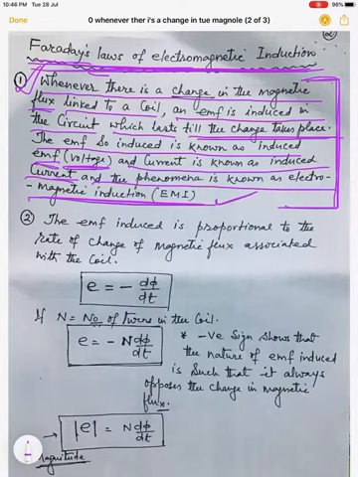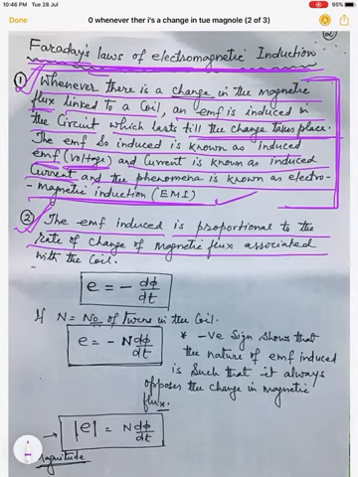Now, he further observed and found the magnitude of that EMF, how that EMF or current depends on this changing magnetic flux. This is the second law. It says the EMF induced is proportional to the rate of change of magnetic flux associated with the coil. So phi is the magnetic flux, then d phi by dt is the rate of change of magnetic flux.